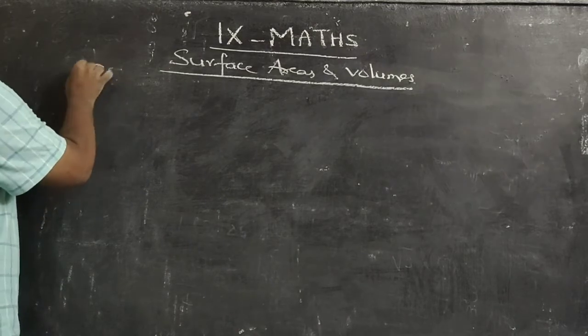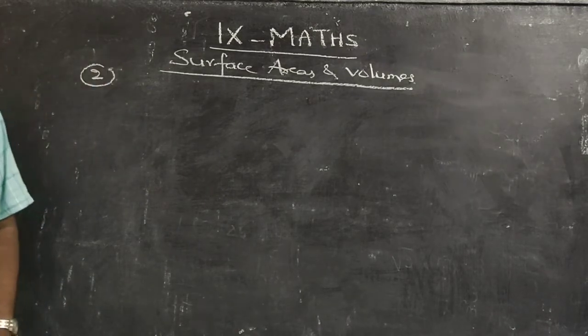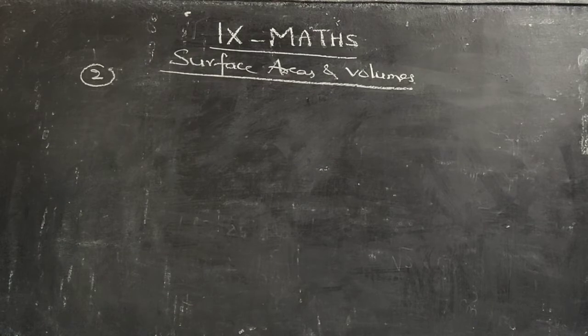Write the second problem. The base of a prism is a rhombus whose diagonals are 28 centimeters and 96 centimeters.